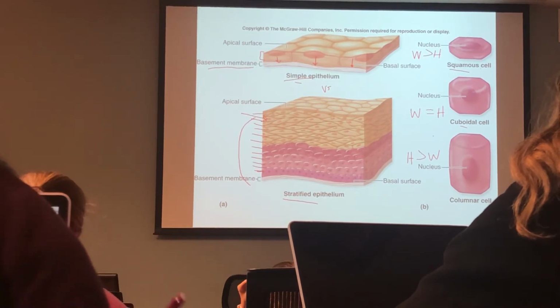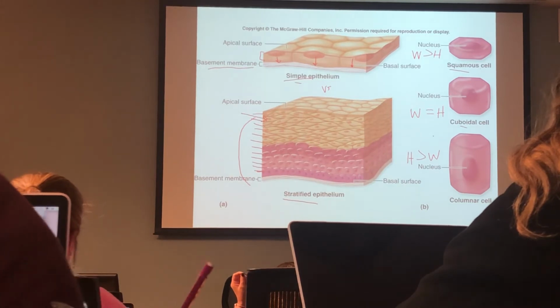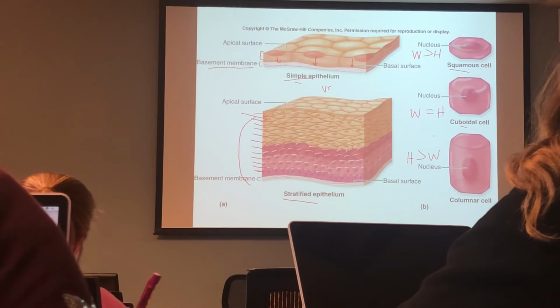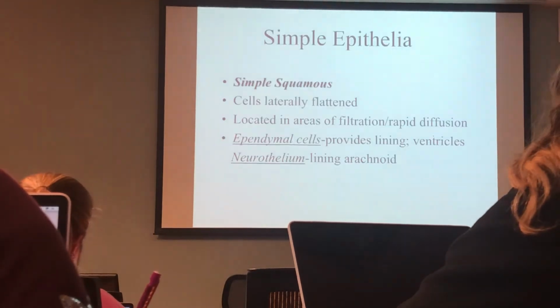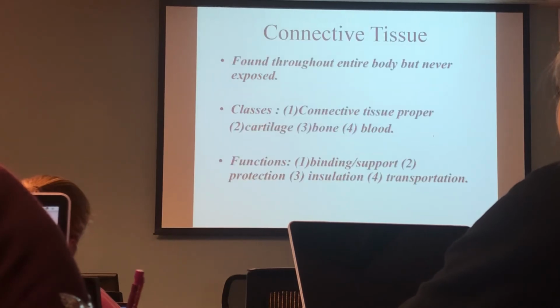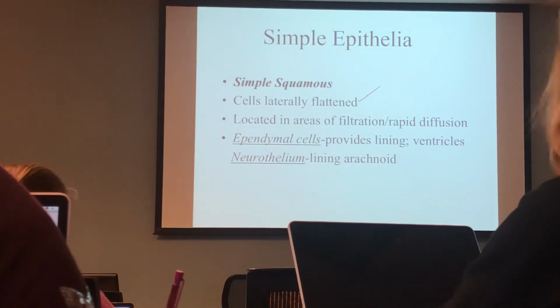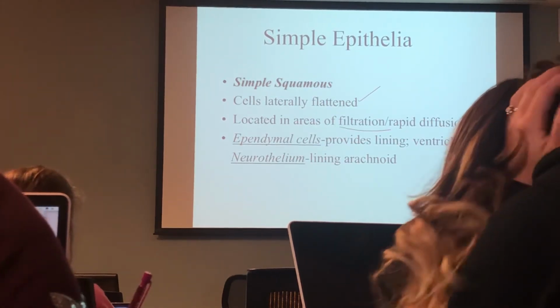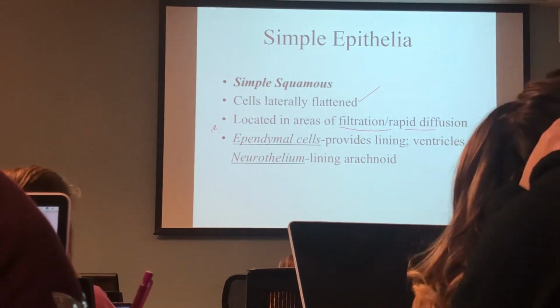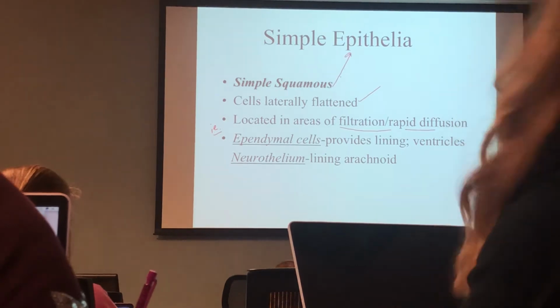It's taller than it is wide. So describing the simple squamous epithelium, the cells are laterally flattened. Where do you find them? In areas of filtration and rapid diffusion. Here are examples of a simple squamous epithelium.